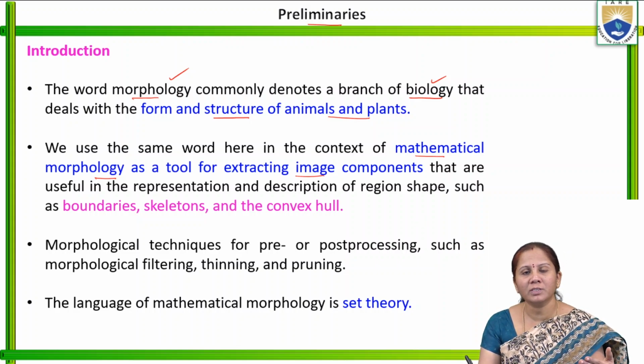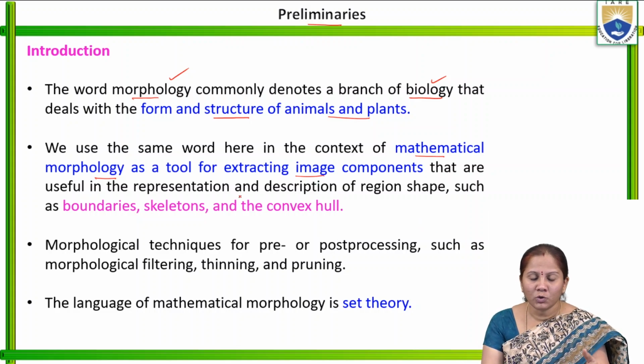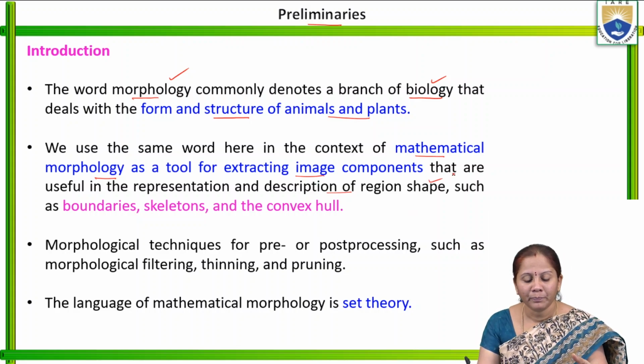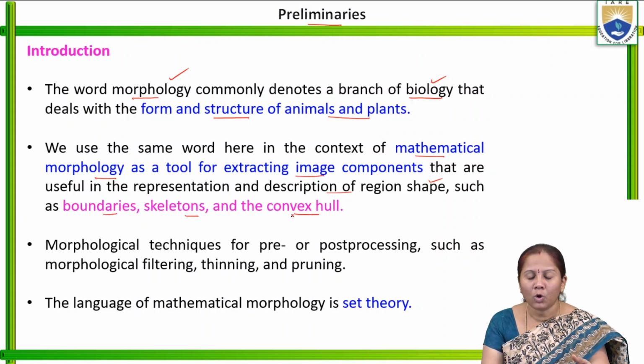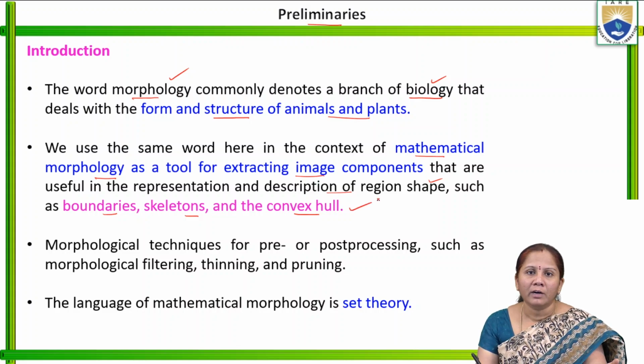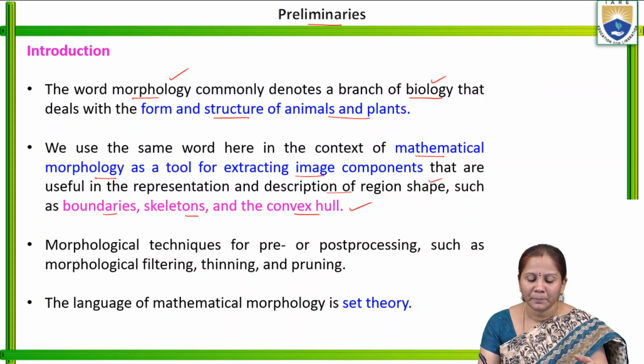It is useful in representing and describing the regions that are present in the image, and it is going to represent the shape of the object, such as boundaries, skeletons, and convex hulls. All these aspects can be found with the help of the mathematical morphology that we apply on the image.